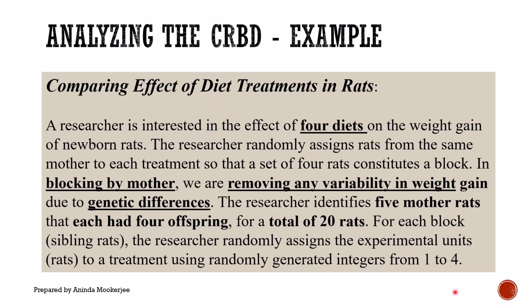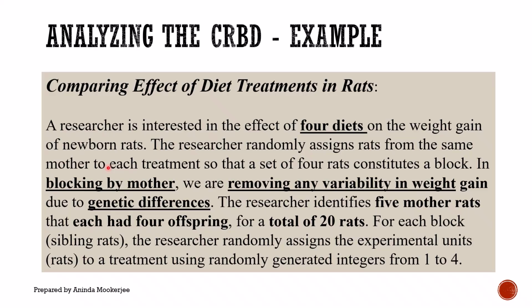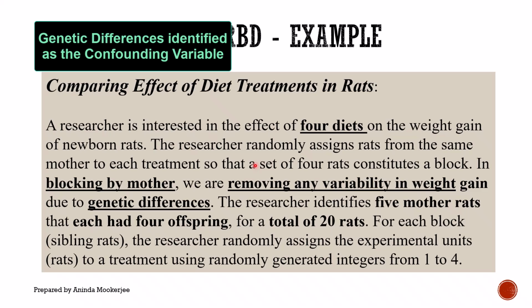So the study is about comparing the effect of 4 different diet plans on the weight gain of newborn rats. And the researcher identifies that a possible factor that may interfere with the results of the experiment would be their genetics.